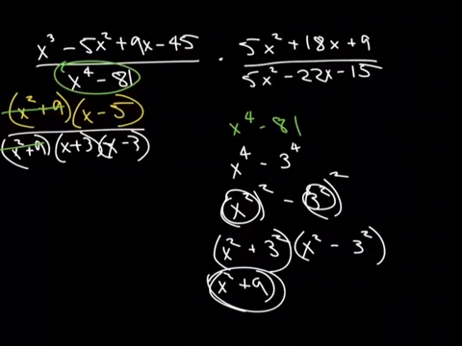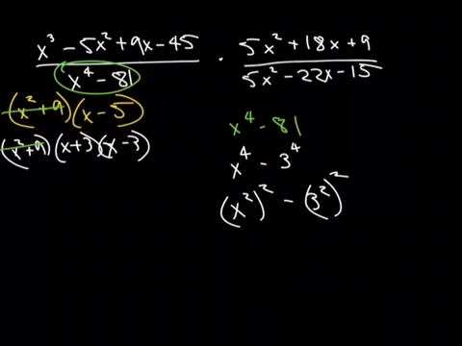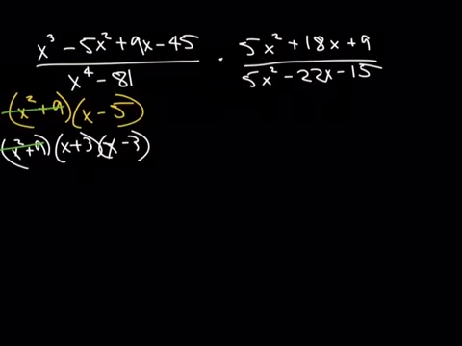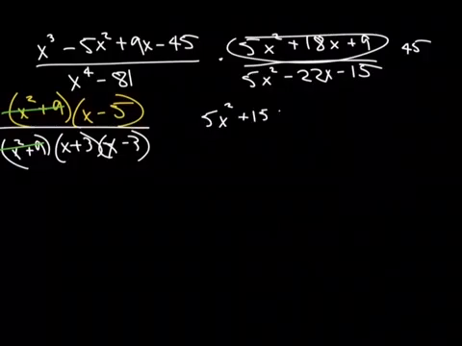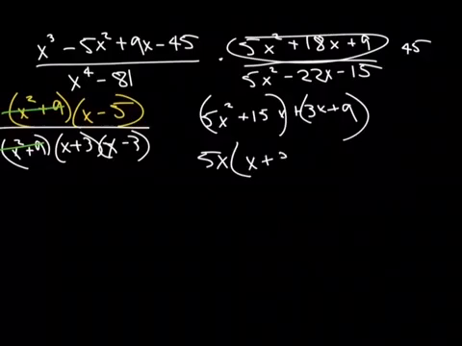Alright, so let's get rid of everything that I've done here, all of my work. And now let's work on this one. So that is going to be 5 times 9 is 45. Two numbers multiplied together give me 45, added give me 18. So it's 15x plus 3x plus 9. Group 5x out of there, a 3 out of there.